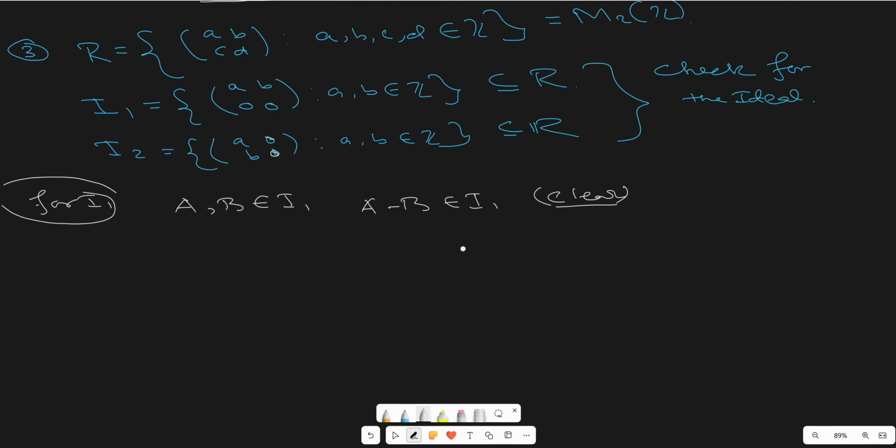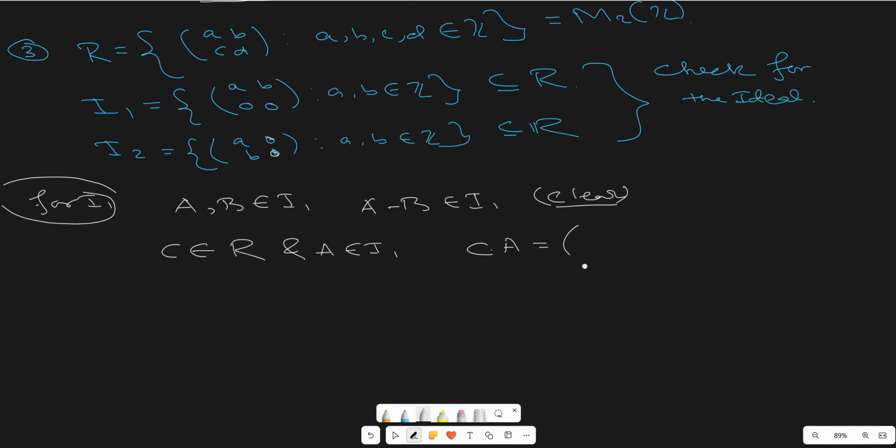It is very clear, it is very obvious, right? And you just need to verify the second property, whether it is a left ideal or a right ideal. Suppose C is an element inside R and A is an element inside I1. So C·A, I am multiplying C on the left side. I am looking for the left ideal.